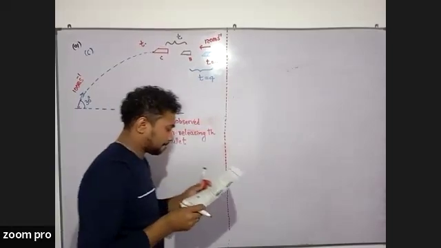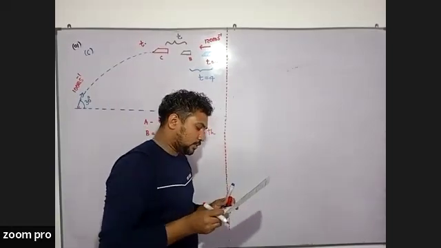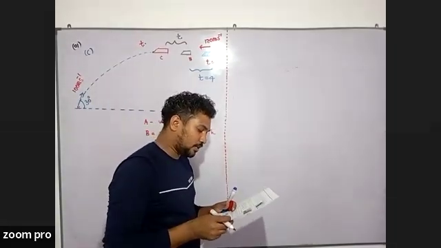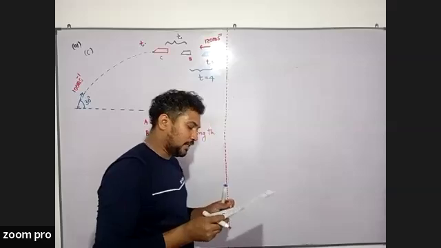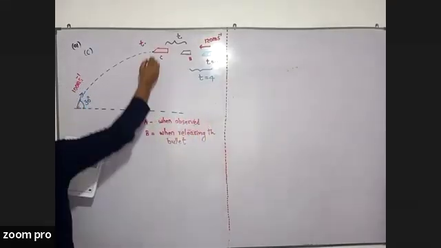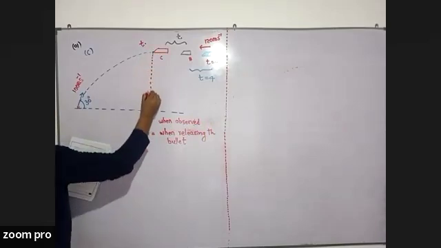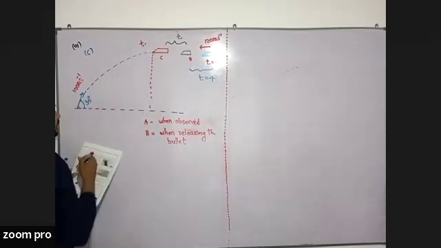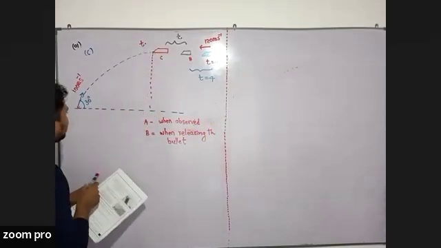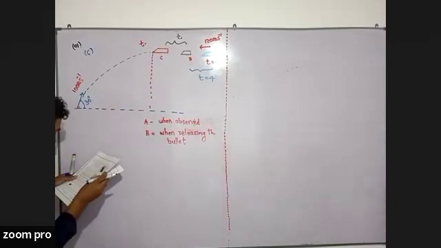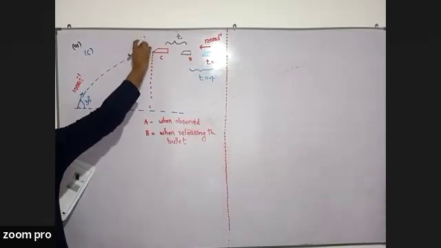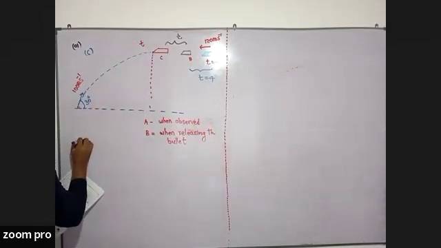Then the first one: find the time taken to collide with the aircraft and the horizontal displacement of the bullet when the collision occurred. They mentioned that this bullet collides with the aircraft at the highest point, right? So first of all, we are asking about the T. Let's apply an equation vertically upward.